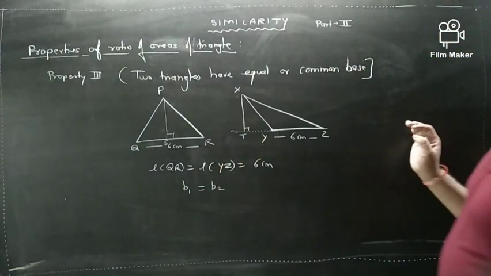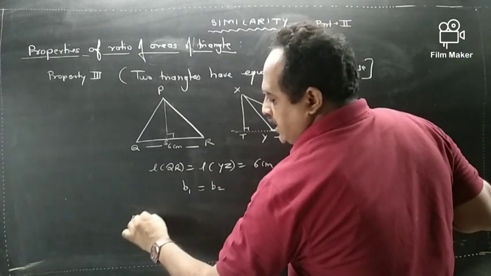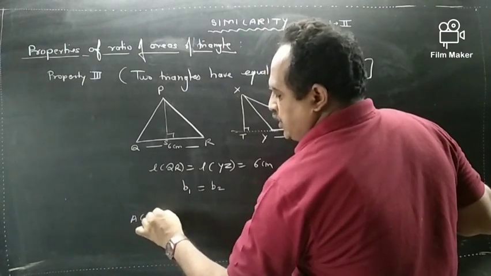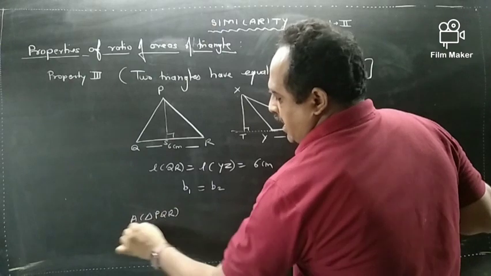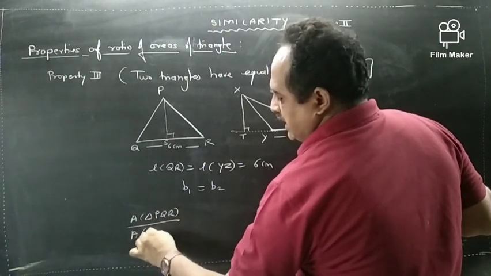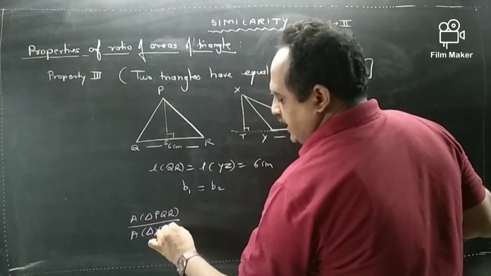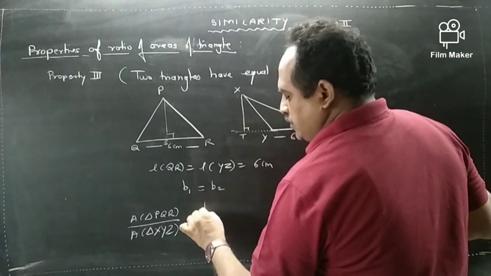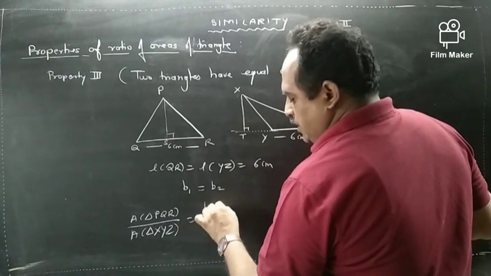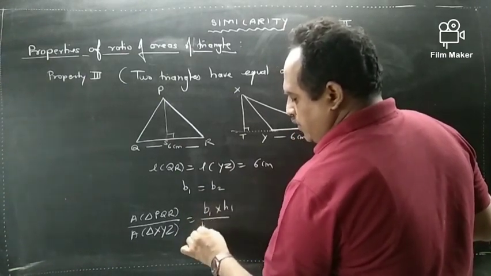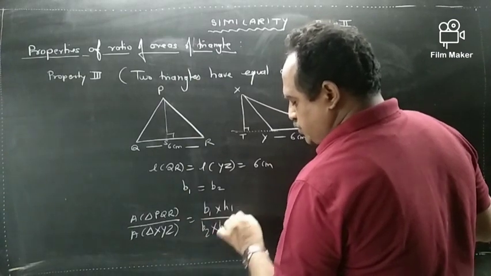Then area of triangle PQR upon area of triangle XYZ is equal to B1 into H1 upon B2 into H2.